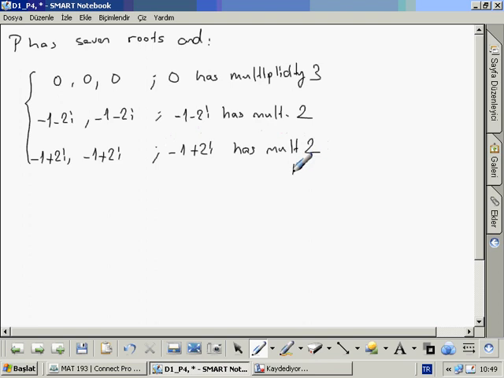When you add all of the multiplicities, you will obtain 7, which is the degree of this polynomial.